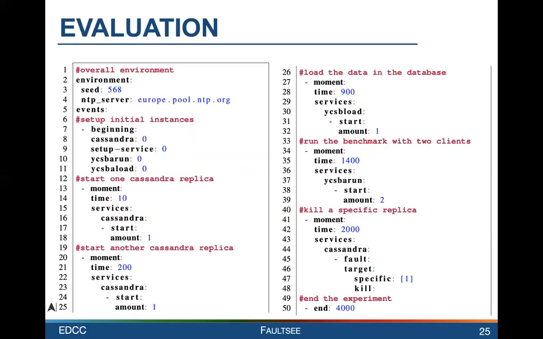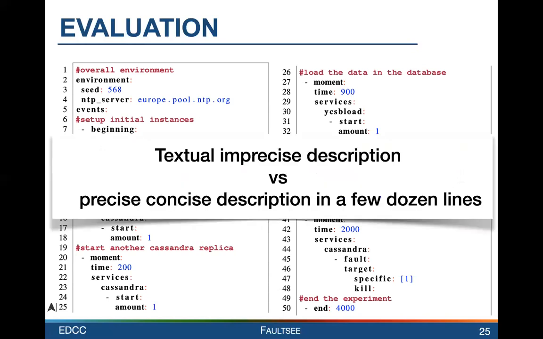So if we put all of this information together, we would have an experimental description similar to the one we have here, which in fact is the same that we saw in the snippets before. So in a few dozen lines, we are able to convert an imprecise textual description into something that is very precise and concisely describes an experiment.